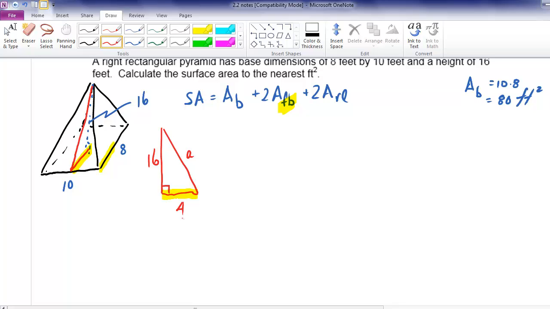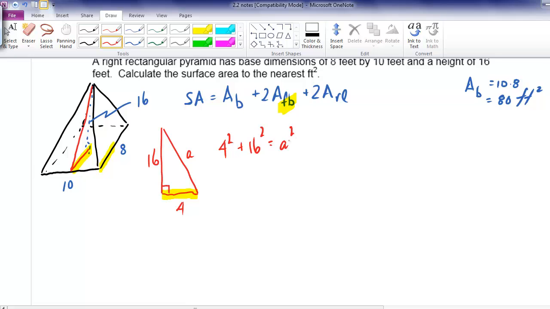Now, that has to be the longest side, right? So when I do my calculation, I know that 4 squared plus 16 squared is equal to, again, I'm calling it a squared.